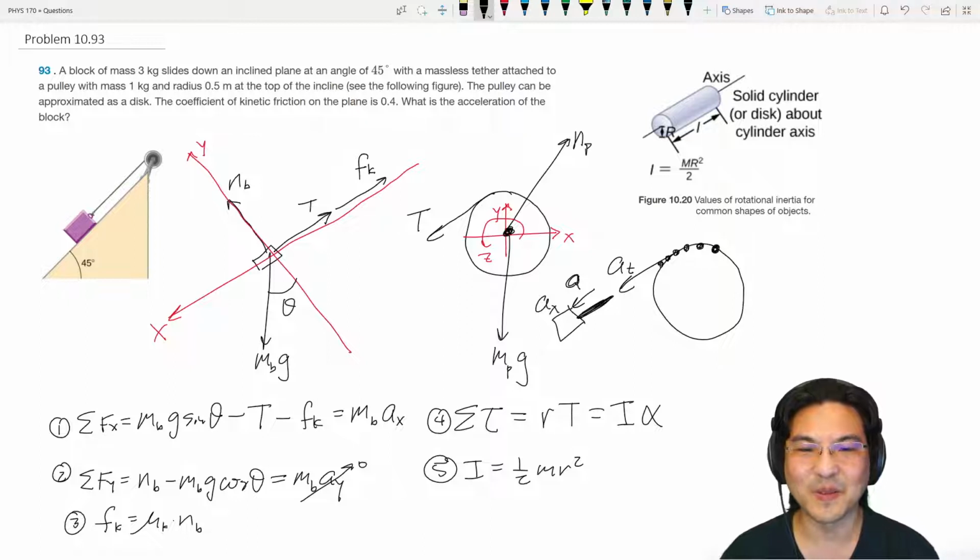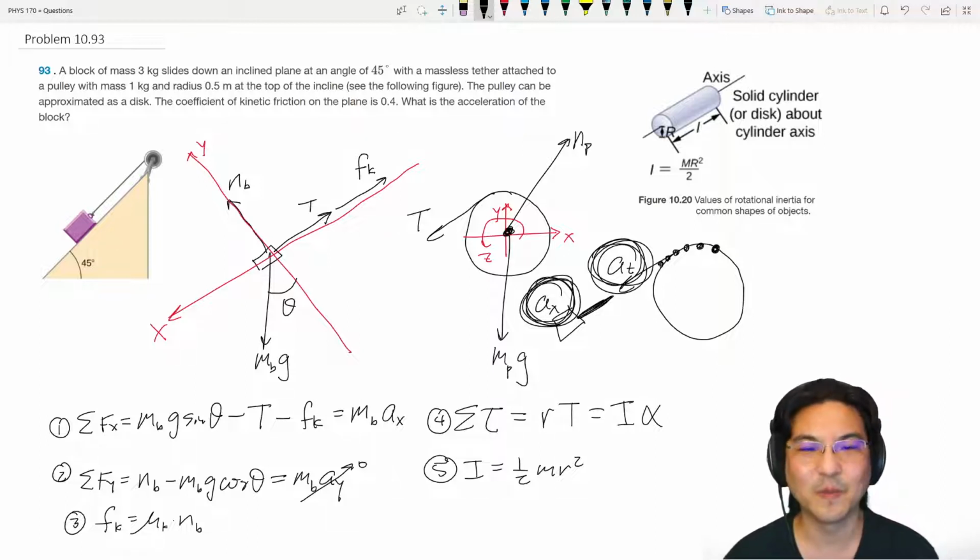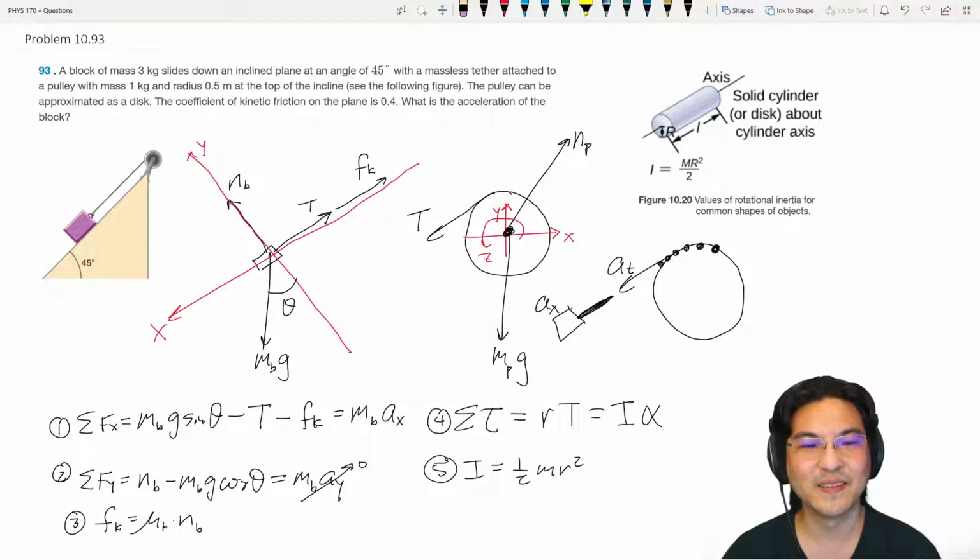In our case, that's the x component. Because they're connected by that tether, the x component of the block's acceleration is the same as the tangential component of the pulley's acceleration. And the tangential component of the pulley's acceleration is related to its angular acceleration.